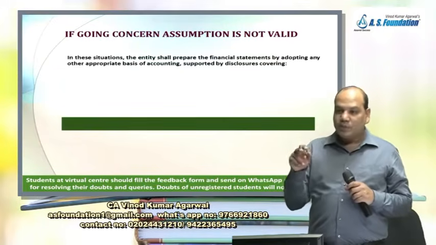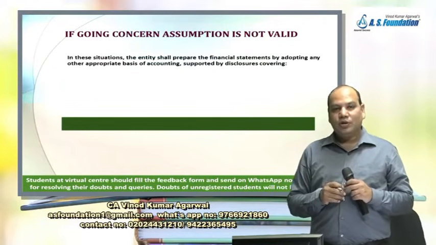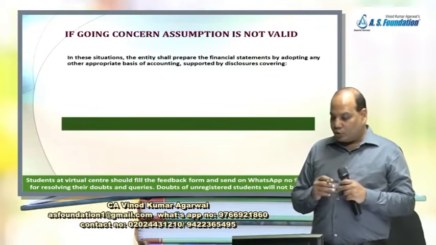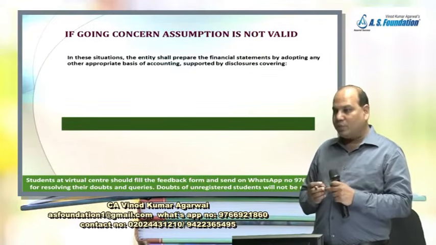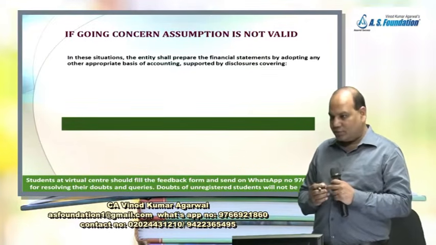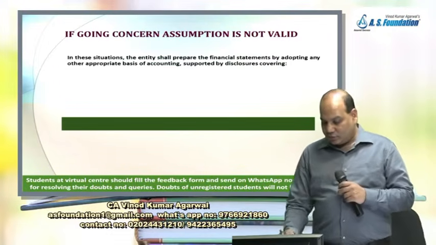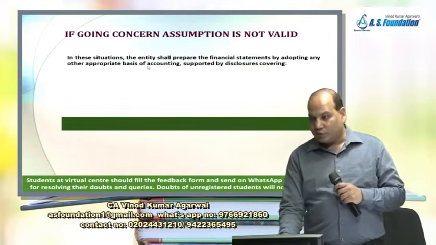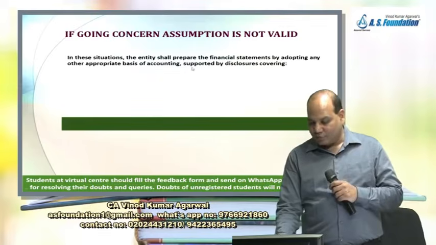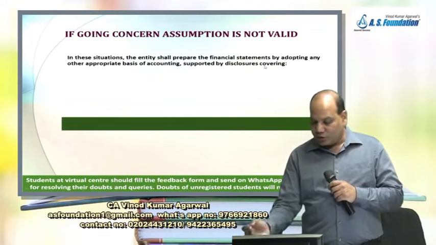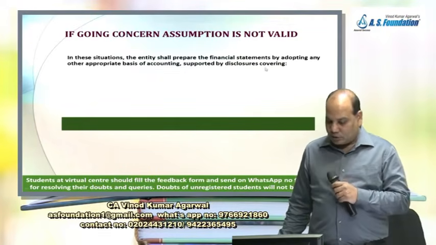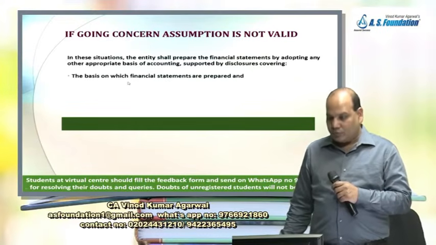Then will you still prepare your financial statement on a going concern basis? No. You will change the basis of preparation of financial statement. And in that case, whichever basis you will follow for preparing the financial statement, you will give appropriate disclosures. What will be covered in your disclosure?